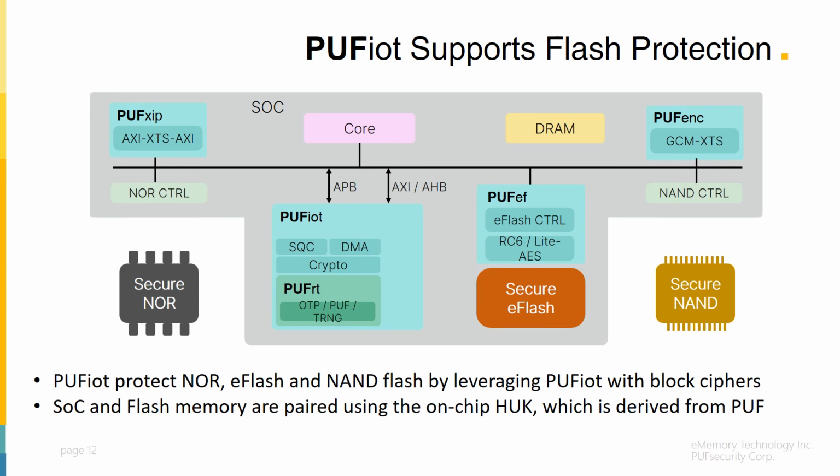NAND flash is usually used to store large capacity data. For example, in advanced AI chips, it's used to store the training models and algorithms software. Regardless of whether it's code or data, the assets need to be well protected.